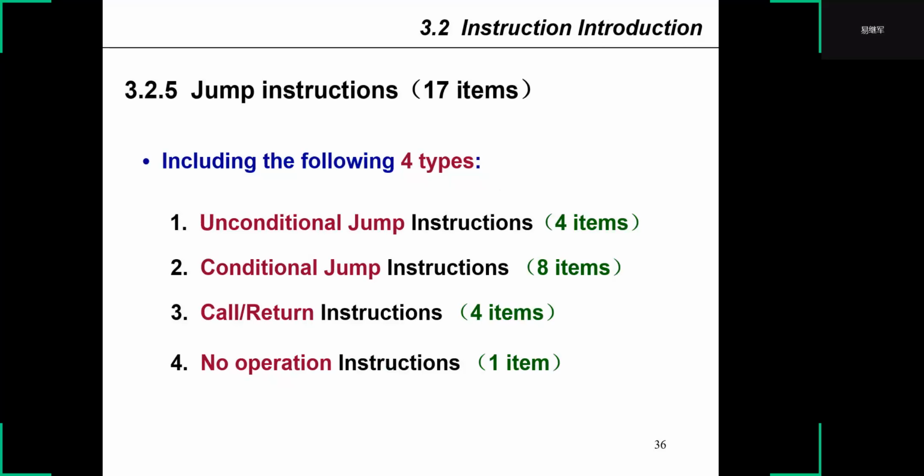Today we have introduced many instructions.